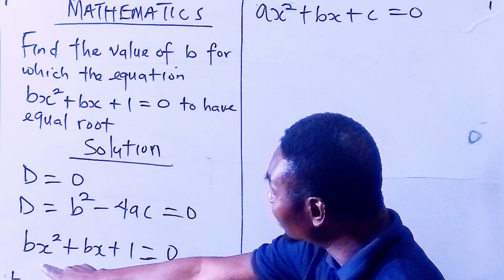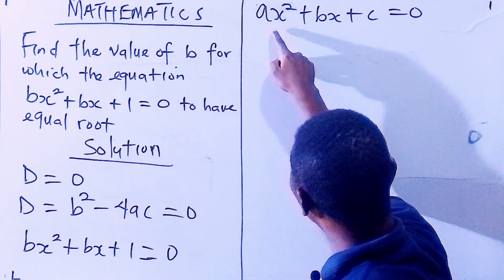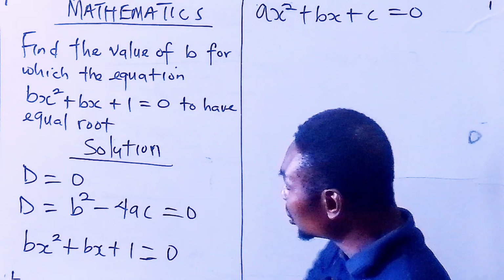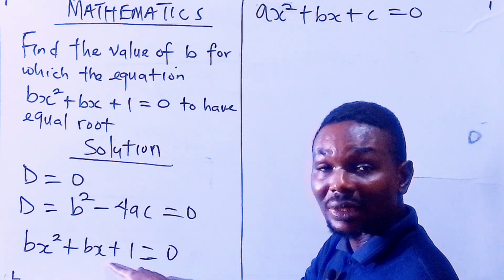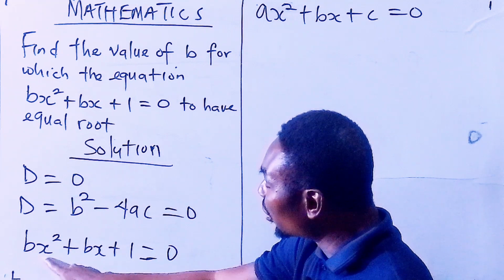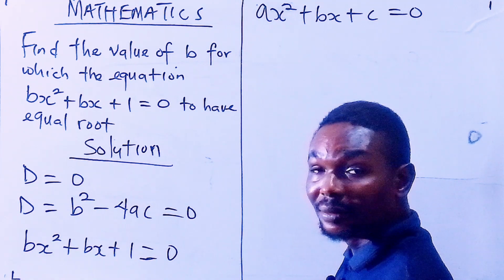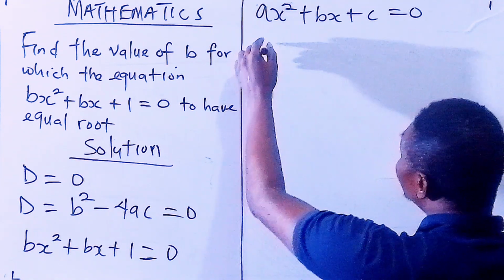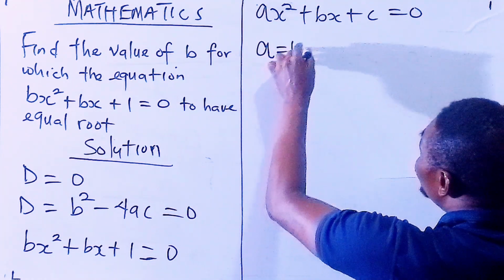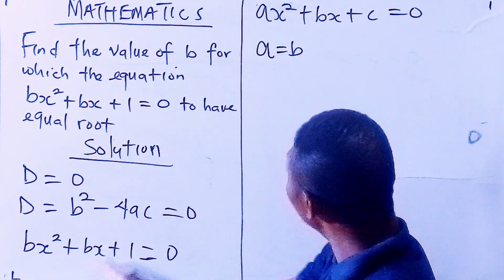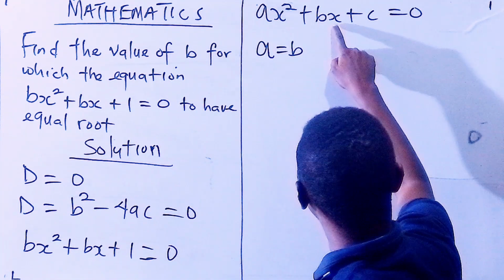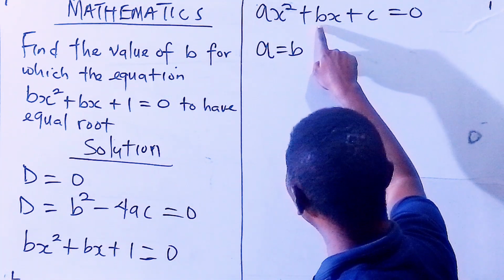Comparing this standard form to our quadratic equation, the coefficient of x squared is b. So our a is equal to b, and here bx is equal to bx. That is, the coefficient of x is b.